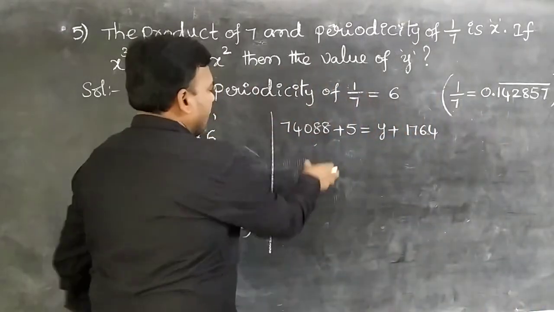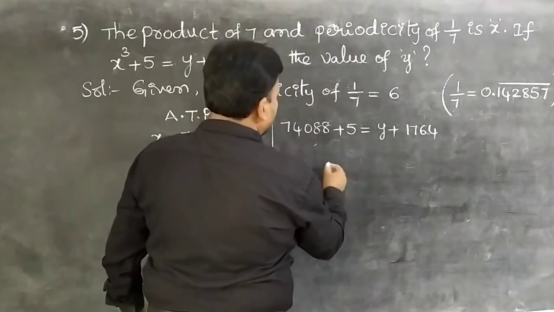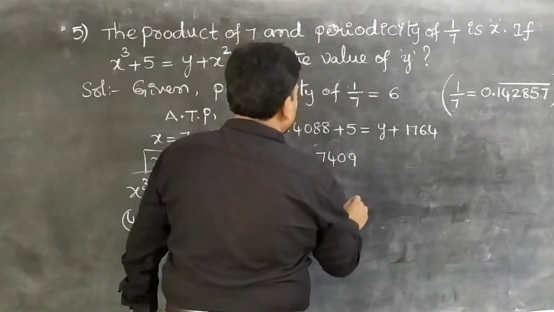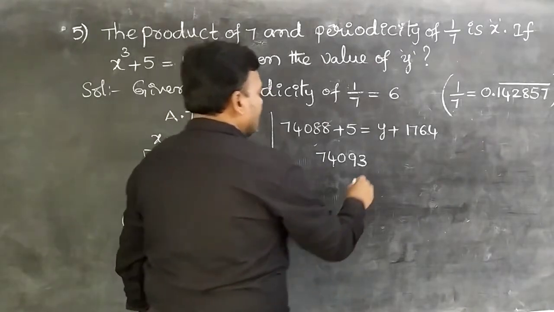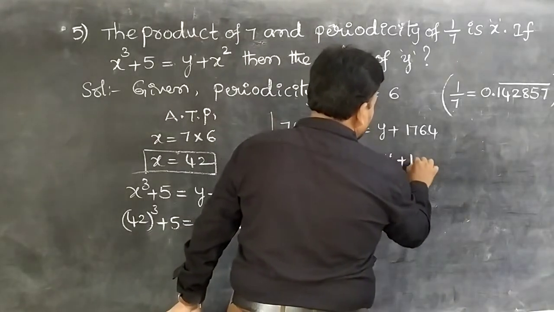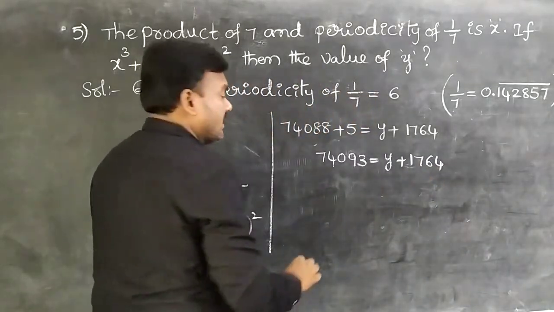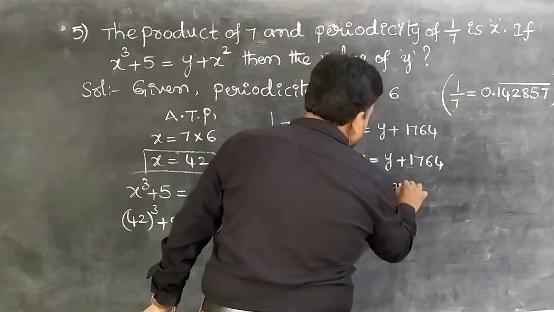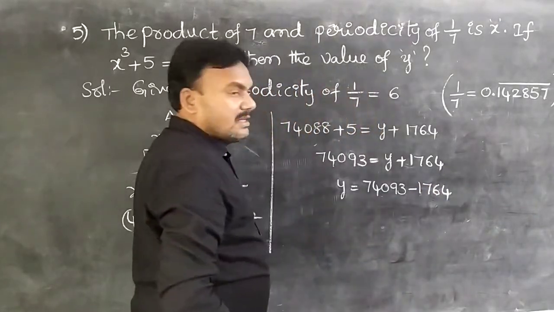Okay, students. Add this value. So 5 plus 8 is 13. So 74,093 equals y plus 1764. This plus value transferred to the left side becomes minus. Then y equals 74,093 minus 1764.